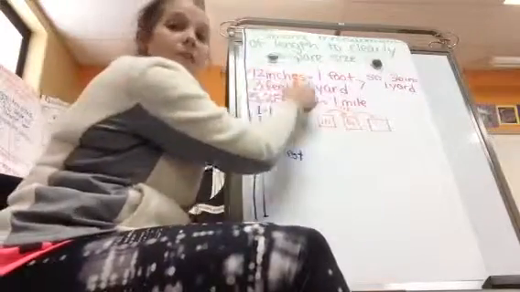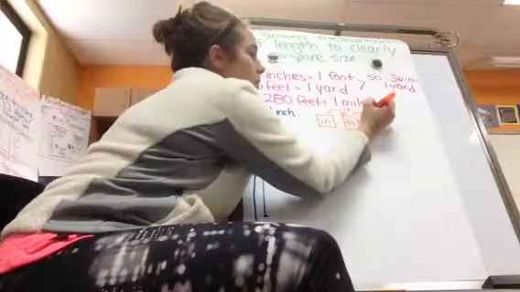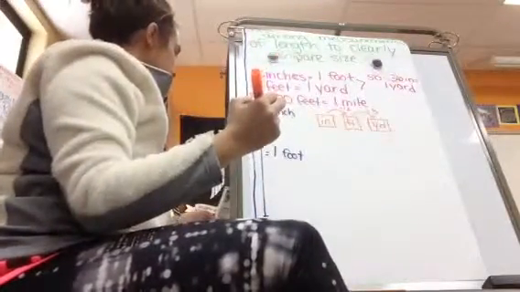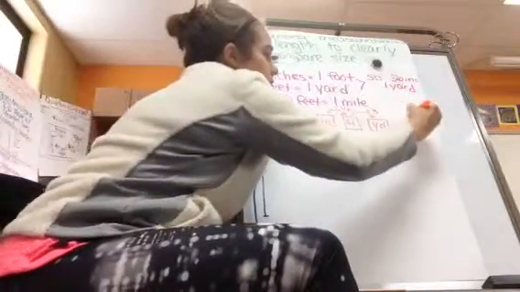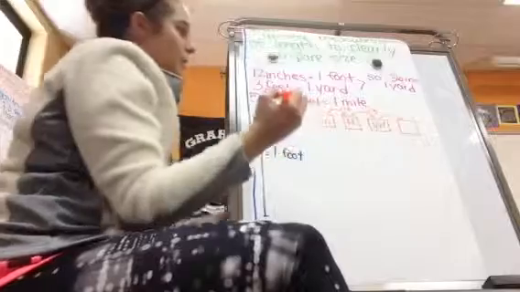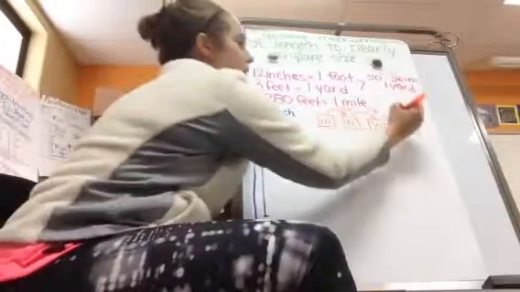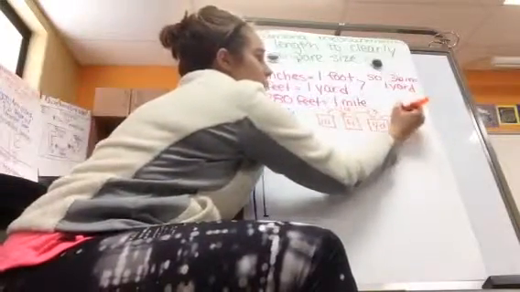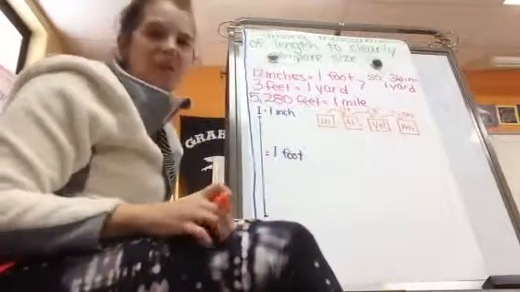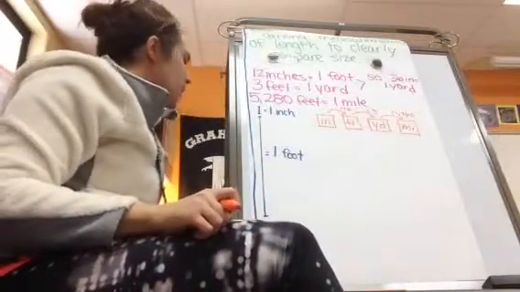Well, there are 3 feet in a yard, so this time I would divide by 3 to get yards. And then to go from yards to miles, which we really don't do very often, you would divide by 1,760. But you really never see any problems like that.